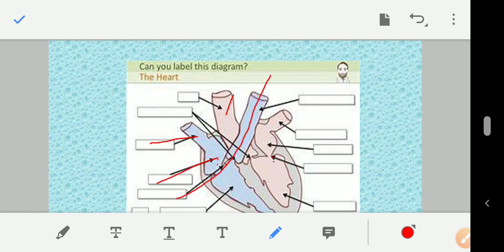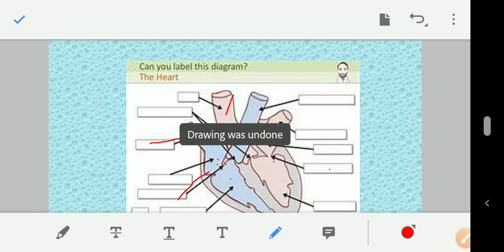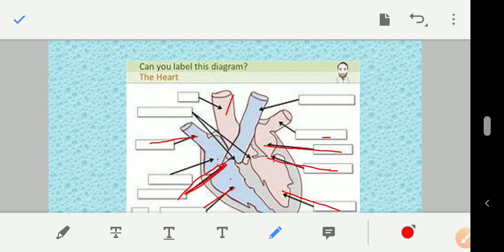This is pulmonary artery, right ventricle. Wait. Sorry, this one is tricuspid valve. This is right ventricle, left ventricle, bicuspid valve, left auricle, pulmonary vein, pulmonary artery.